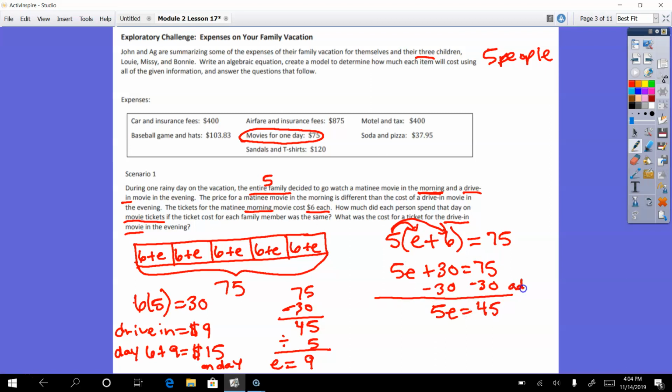We call this our additive inverse. And then we multiply by the reciprocal to get E by itself.